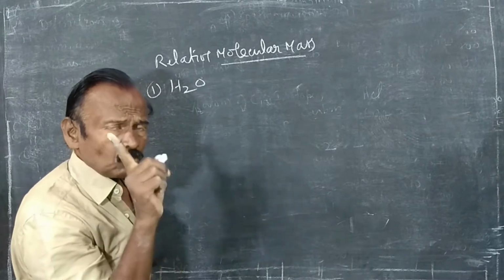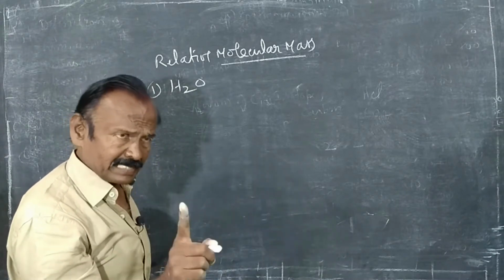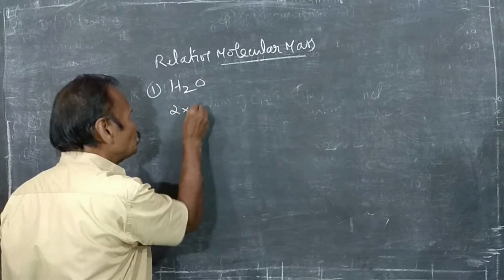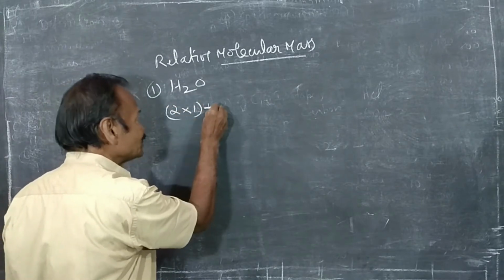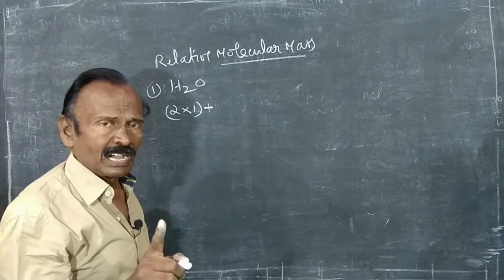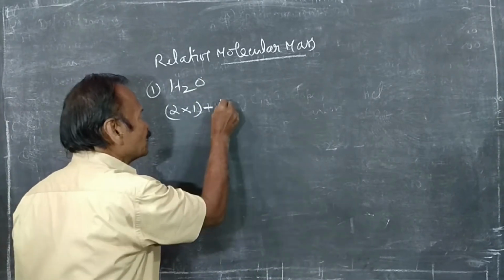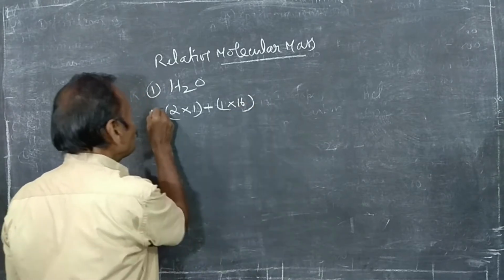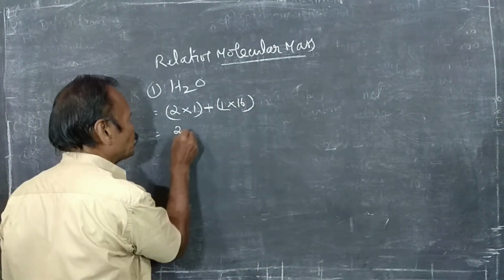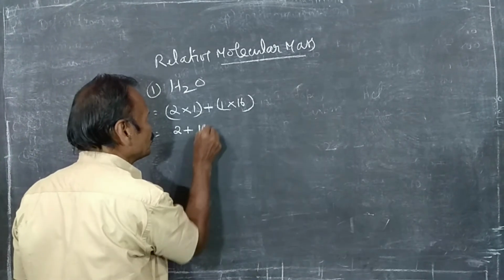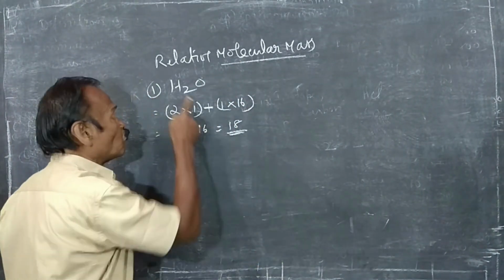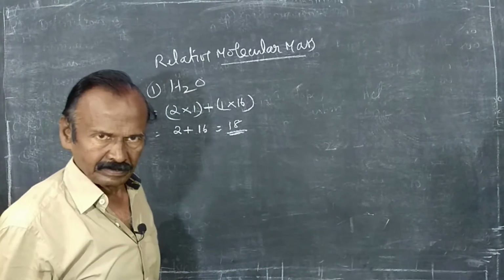The mass of one hydrogen atom is 1. There are 2 hydrogen atoms, so 2 into 1, plus the mass of one oxygen atom, which is 16, so 1 into 16. If you add these two, 2 into 1 is 2, plus 1 into 16 is 16. So the relative molecular mass of water is 18.